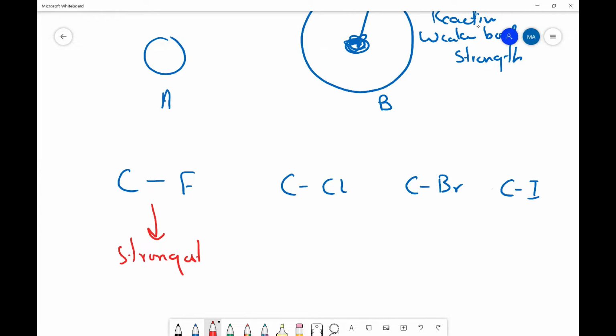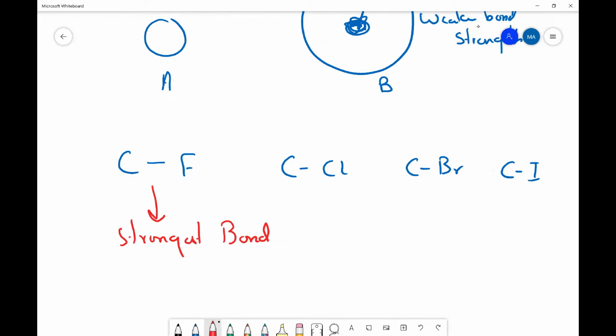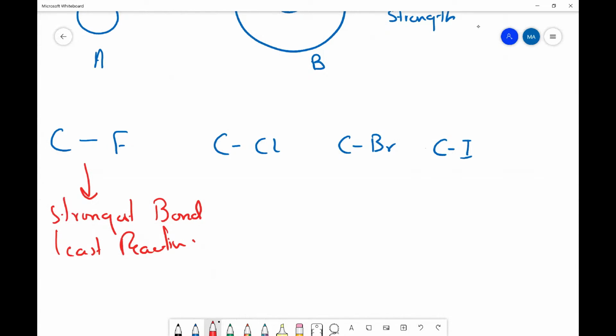Because fluorine's atomic radius is the smallest. Bond is strongest, the reactivity is weakest. So it's the least reactive one. Whereas iodine, the bond is the weakest bond and the most reactive one.